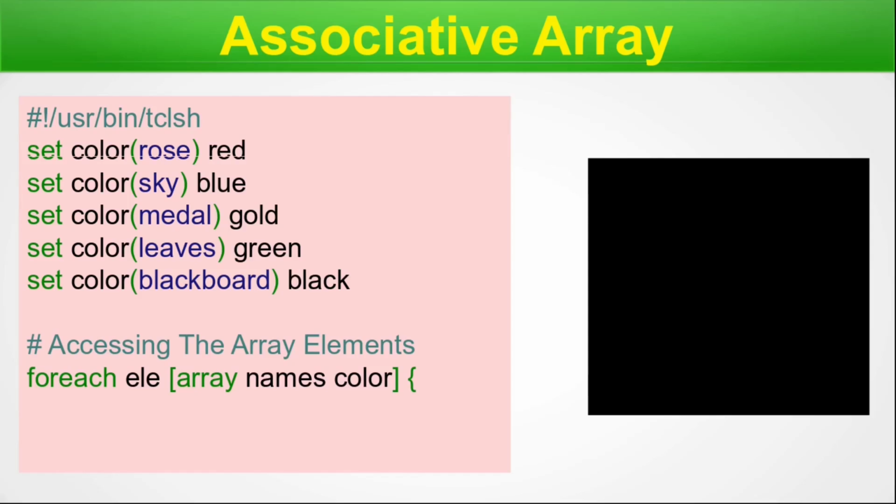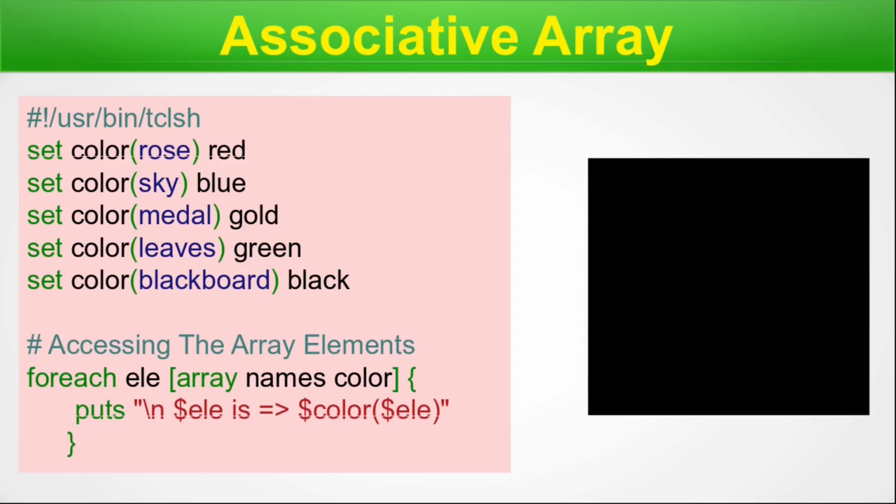And from that list we are picking one by one, and we are directly using a square bracket here to generate the list. So array names color. The keys are called names here. And we print out the $LE is the element and its value is $color. Then within the first bracket is $LE. This way we will access the array elements, the values. And then we close the bracket.